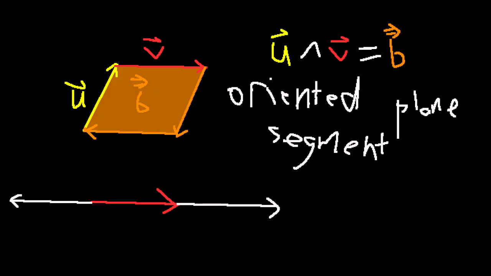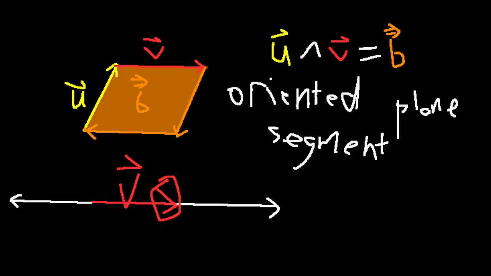Now, vector v is not just a line segment, right? Because it has an orientation. The arrow in this case is pointing in this direction. It could point in either direction along a line, but it's pointing toward the right in this case.